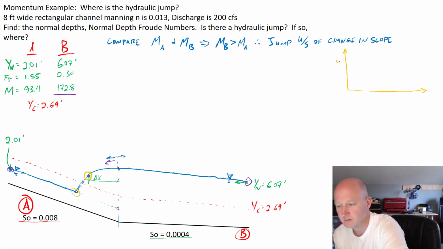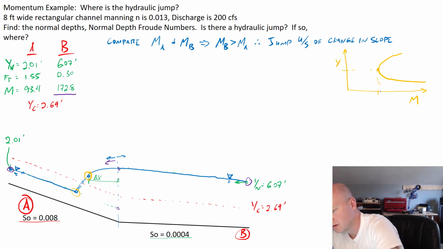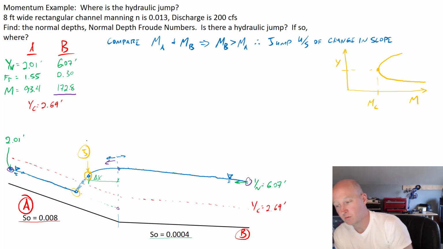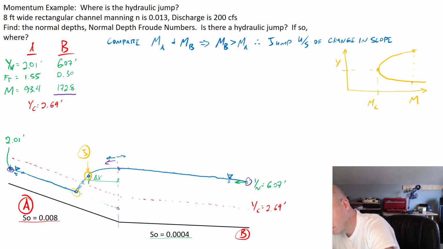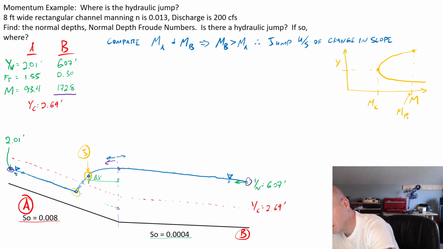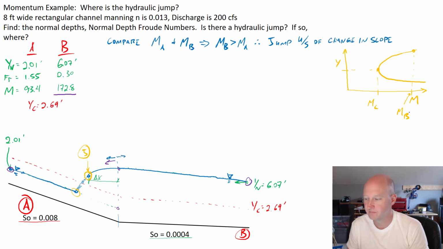So if we make a plot of depth versus momentum, or specific force, we'll get a plot that looks like that, with critical being right here. And we need to demarcate this location. So let's call this location J. So basically what we're saying is that here's the specific force for normal depth in section B. That's 172.